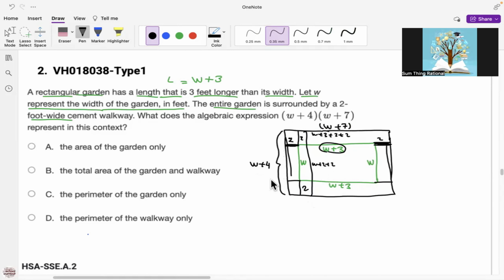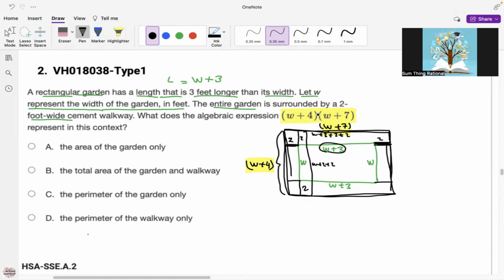So W plus 4 and W plus 7 are the new size of the garden together with the walkway. The question asks what W plus 4 and W plus 7 represent. Since they are the new size of the walkway together with the garden, here we multiply.